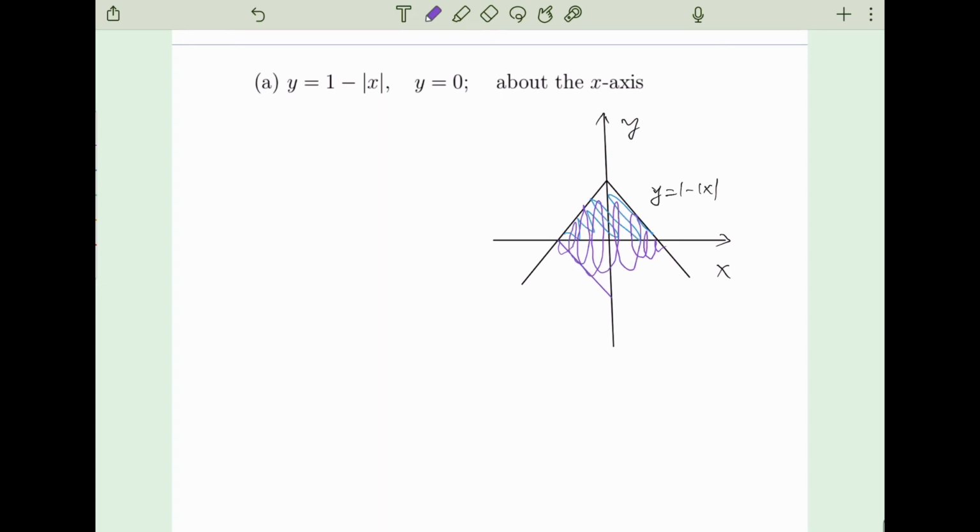And if my drawing is very messy, then forgive me. This is a cone, like this. Something like this. Okay.